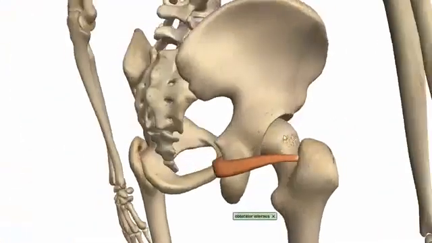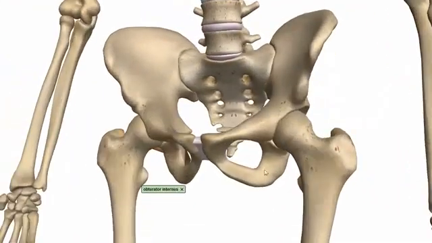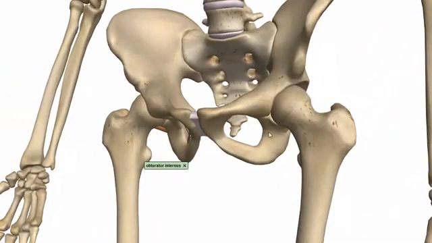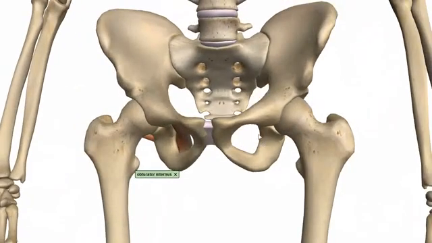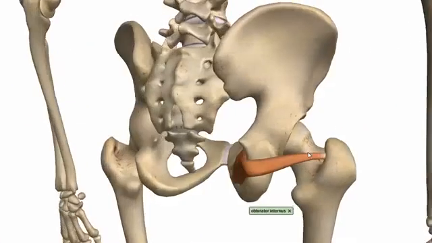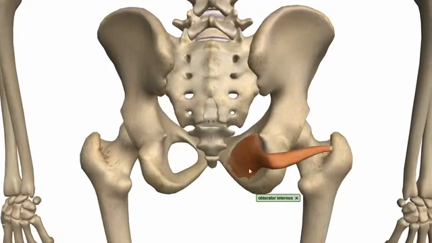So I've just isolated this muscle so we can take a look at it. So this is the obturator foramen, and you've got a membrane which covers it. On the lateral surface, on the external surface, you've got a muscle called the obturator externus, which I'll talk about shortly. But this muscle is the obturator internus because it lies on the medial surface, or the internal surface.